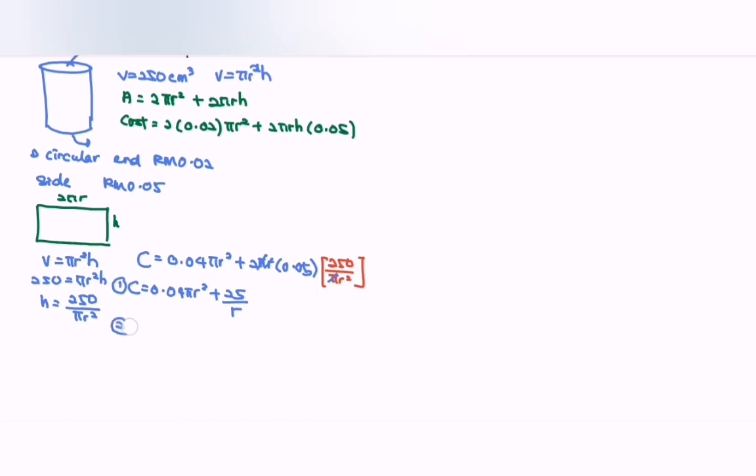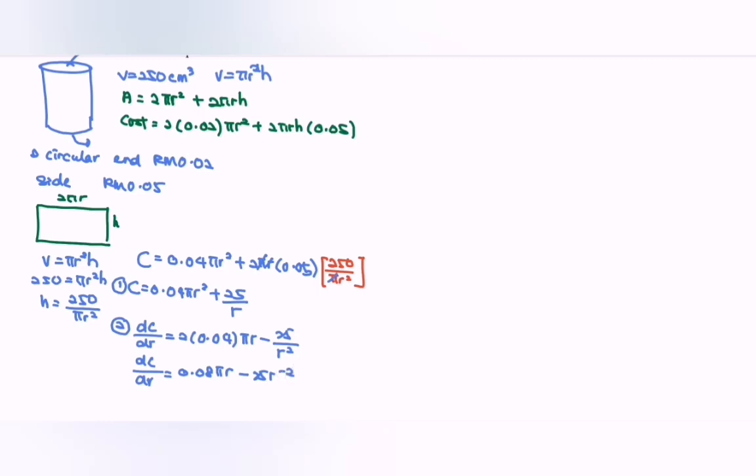Number 2 is to find the first derivative. In here we have dC/dr. So we have 2 multiplying 0.04 and then pi r, minus 25 over r squared. Rewrite the situation. We have dC/dr, which is equals to 0.08 pi r minus 25 r to the power negative 2.